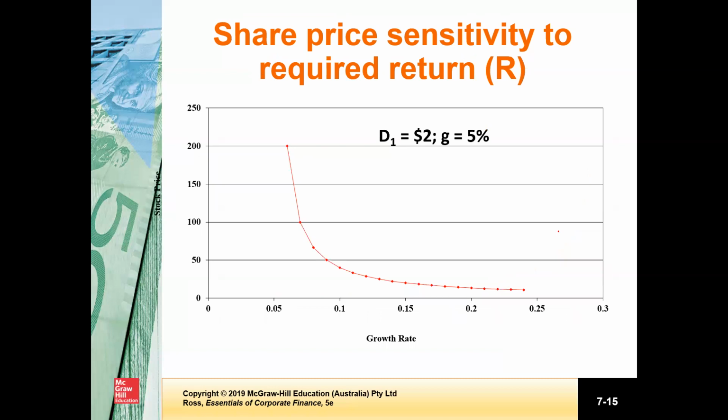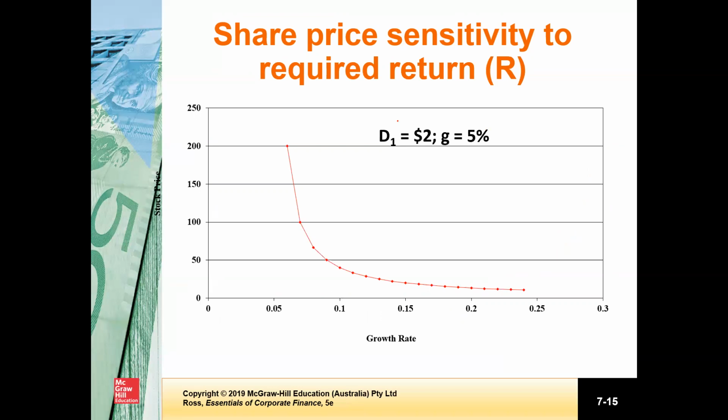And also the share price is determined by your required rate of return. That means how much return you want to earn from this investment. The higher your required rate of return, the lower the share price should be. I explained this point last week: when you want to earn a higher return from an investment, you should be able to buy it at a relatively lower price. Otherwise, you can't earn a higher return, right?